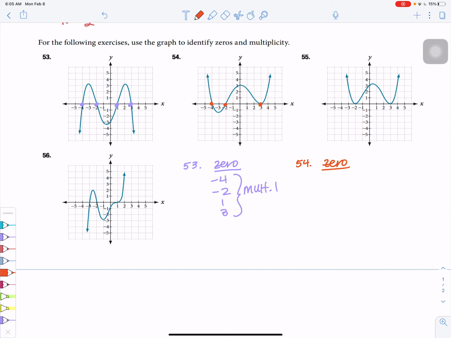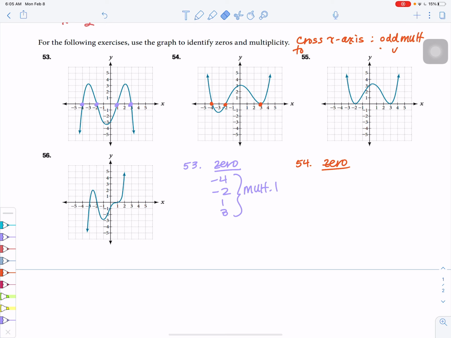So when we cross the x-axis, we have odd multiplicity. And we touch and move away, or you could say bounce, we have even multiplicity. Why don't I say bounce?